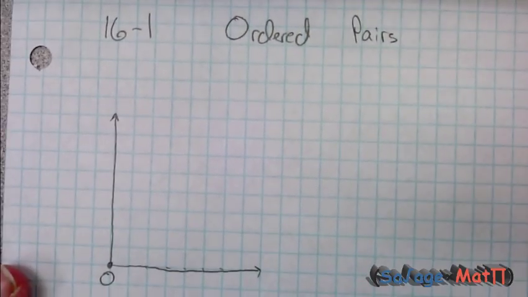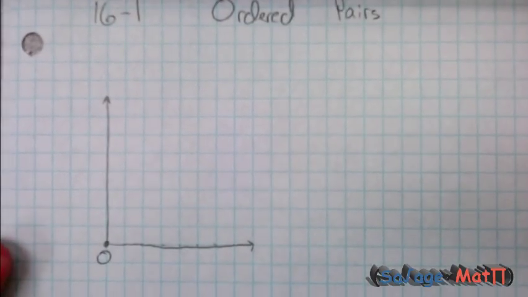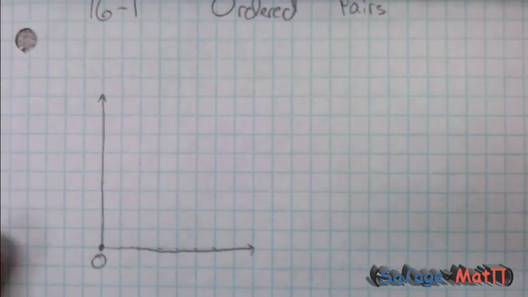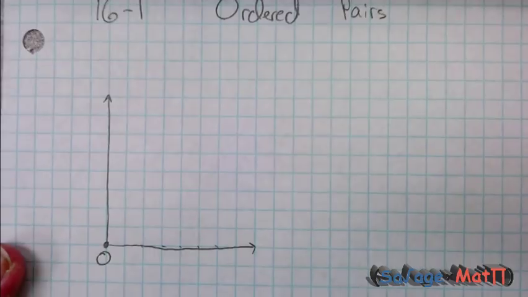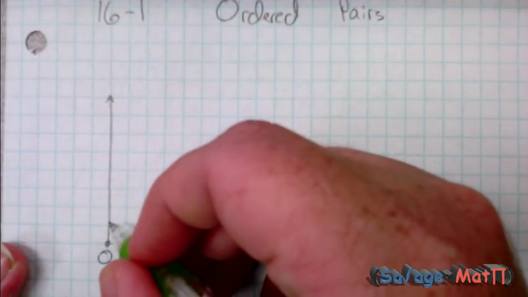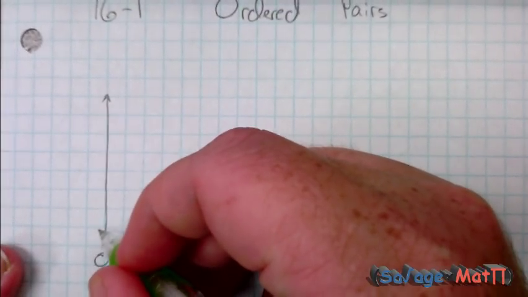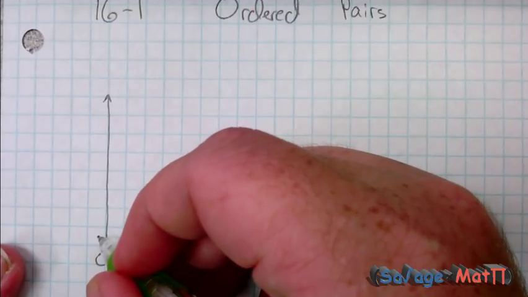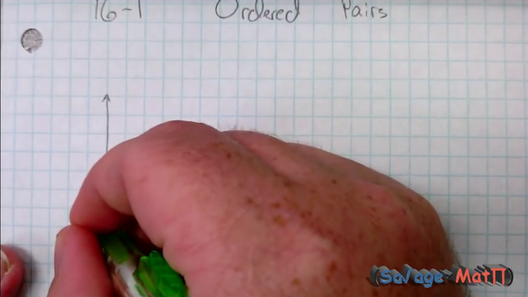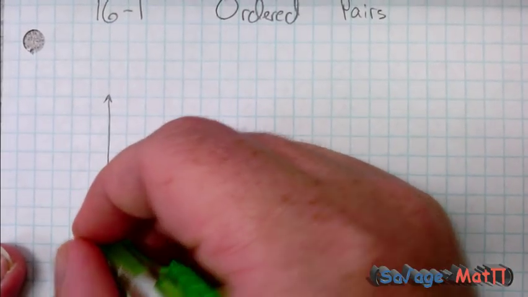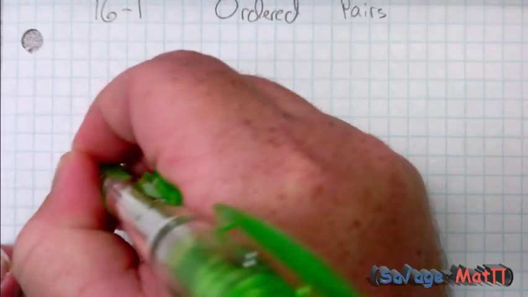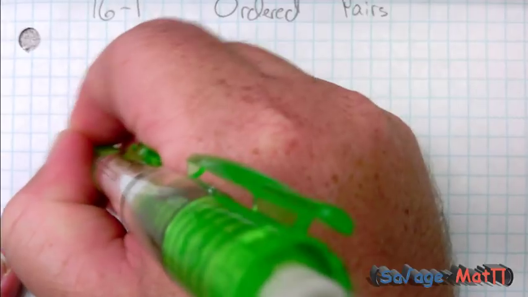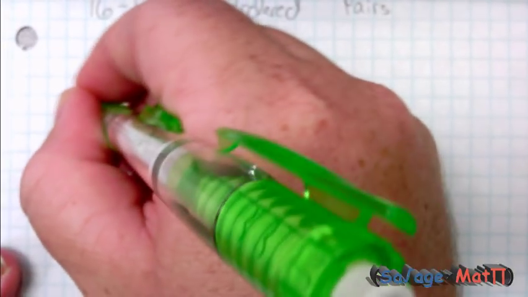The next thing I need to do is make sure I'm numbering my y-axis and my x-axis. What I notice with a lot of you is you try to number inside the little box, but what we actually need to do is number our lines. So I would have 1, 2, 3, 4, 5, 6, 7.